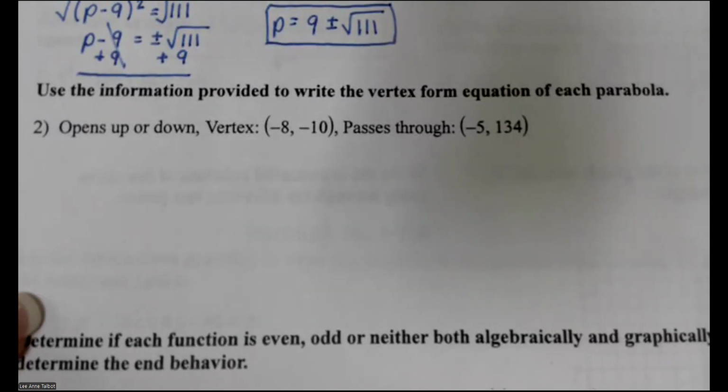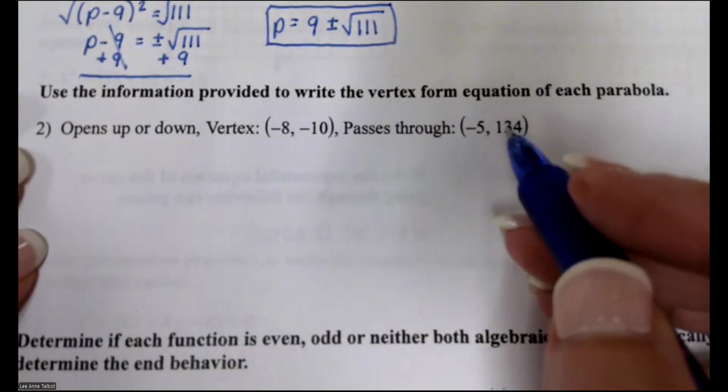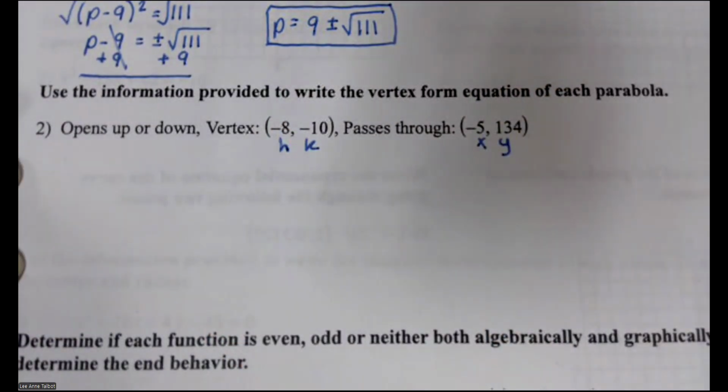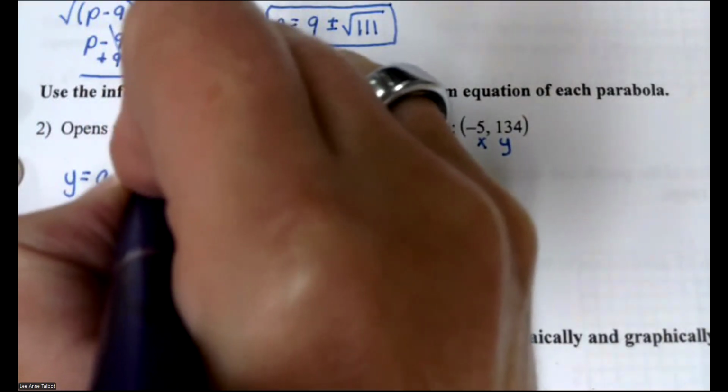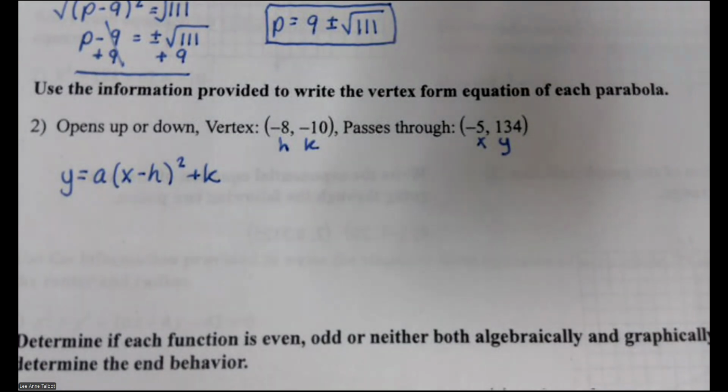Number 2, write the vertex form equation. We're given the vertex and a point. Vertex is HK. The point is an XY coordinate. Okay, do you have that memorized?